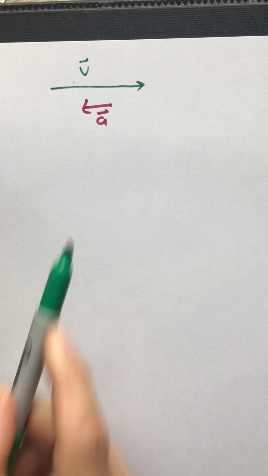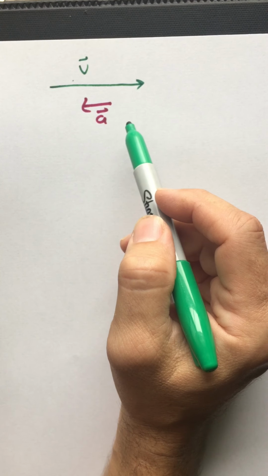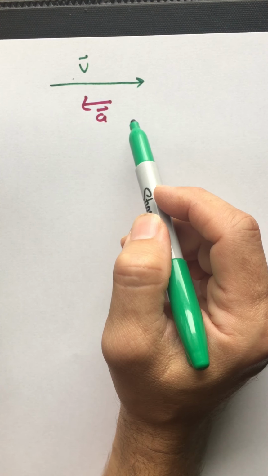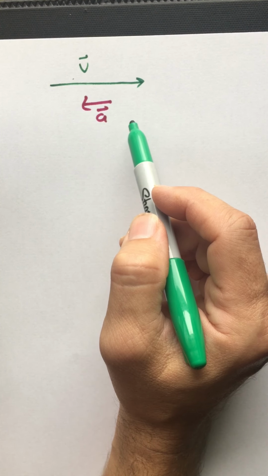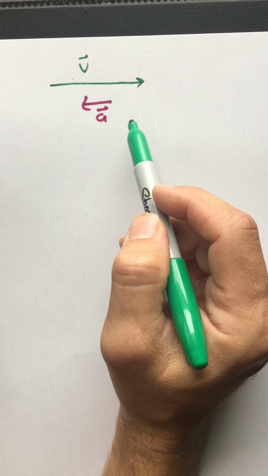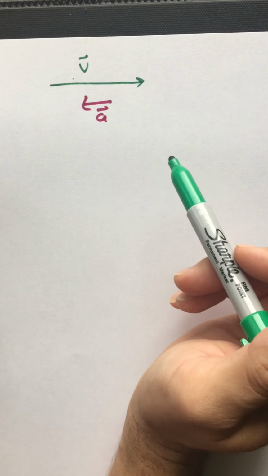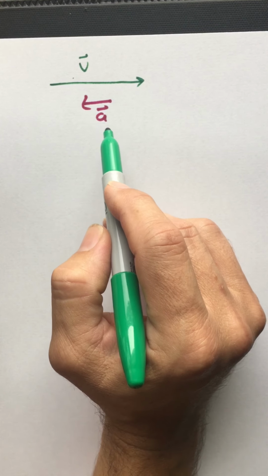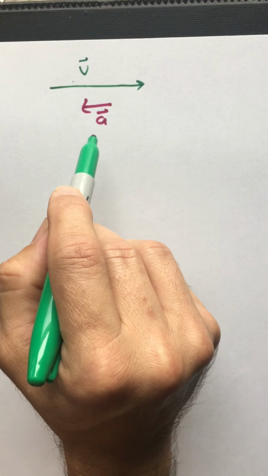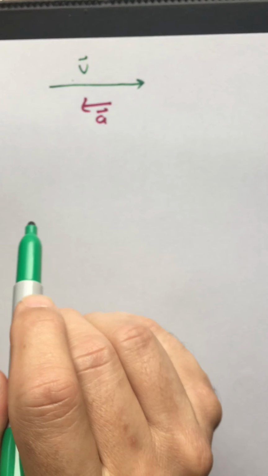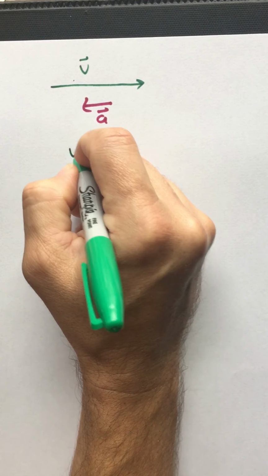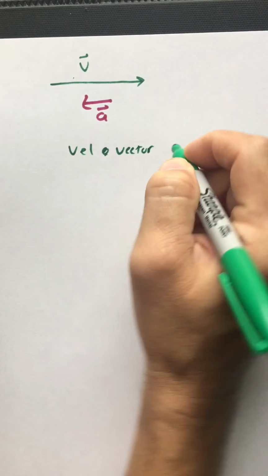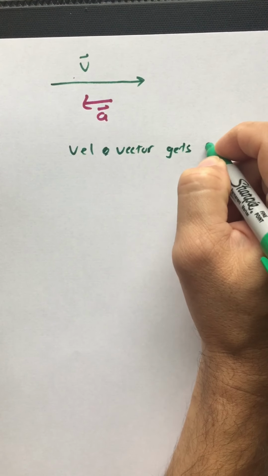Well, this is like when you're pulling up to a stop sign and you hit your brakes. We're going to find out later in the semester that what that's actually doing is causing a force to be applied to your vehicle, which is going to produce an acceleration. For now, we'll just stick to talking about the acceleration and not worrying about where it comes from. But the acceleration is in the opposite direction of the velocity, which means the velocity vector gets smaller.